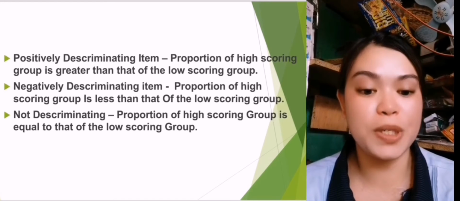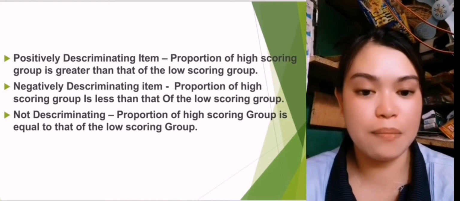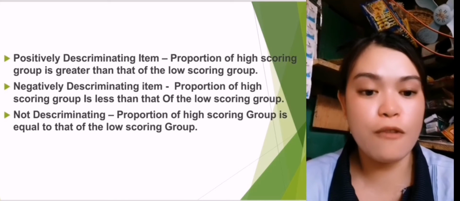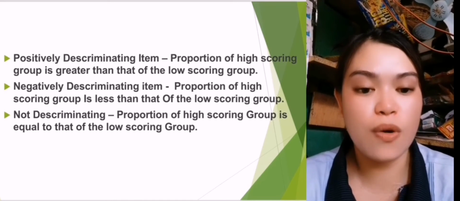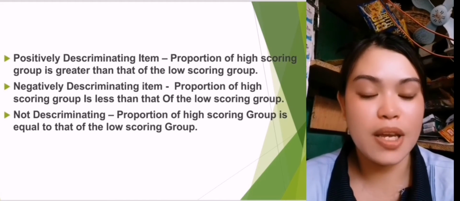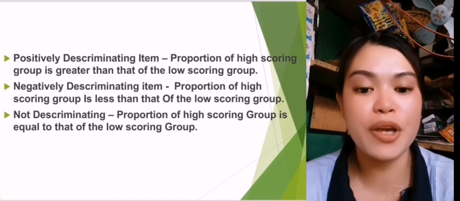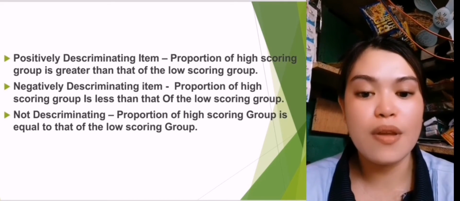Discrimination index has three types. The positively discriminating item, where the proportion of the high scoring group is greater than that of the low scoring group. Negatively discriminating item, where the proportion of the high scoring group is less than that of the low scoring group.